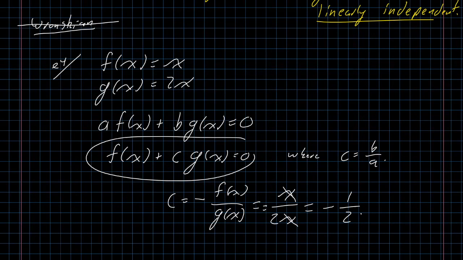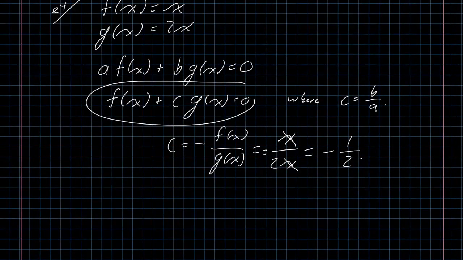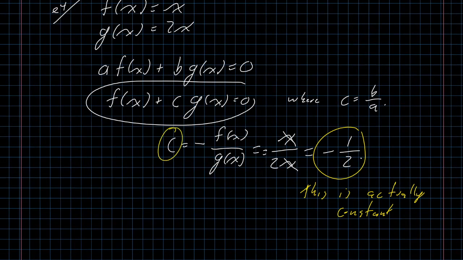Any values we can find for a and b that satisfy that will give us the result that we're looking for. A times f of x plus b times g of x is equal to 0. That's actually more complicated than we need. I don't care what specific values there are, I just care that they do exist. I said that c was a constant.